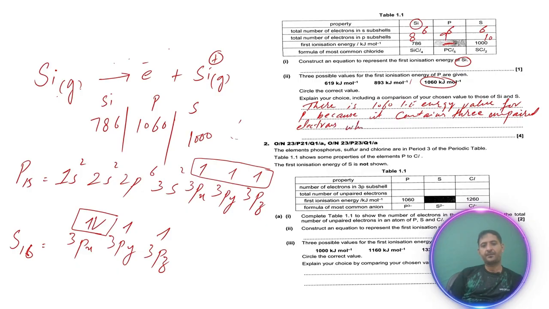while in sulfur there is one paired electron, and because of the repulsion between these two electrons, it becomes easy to remove an electron from the sulfur.